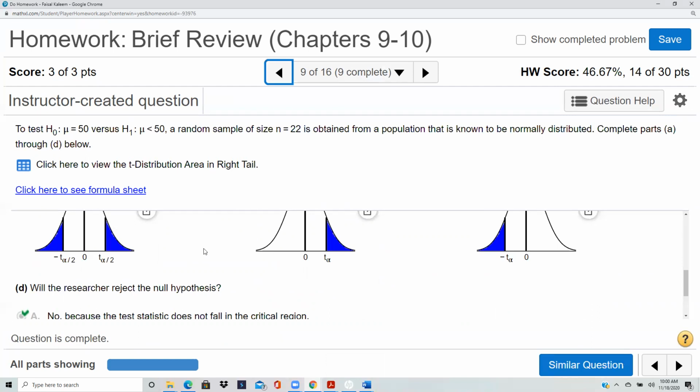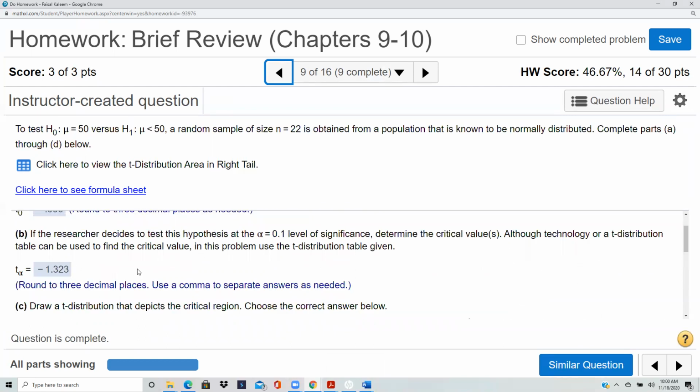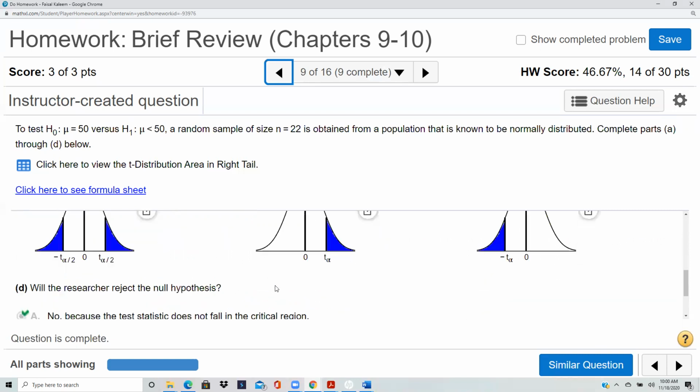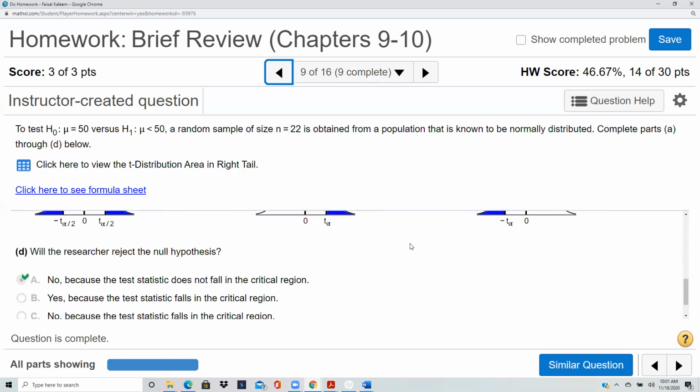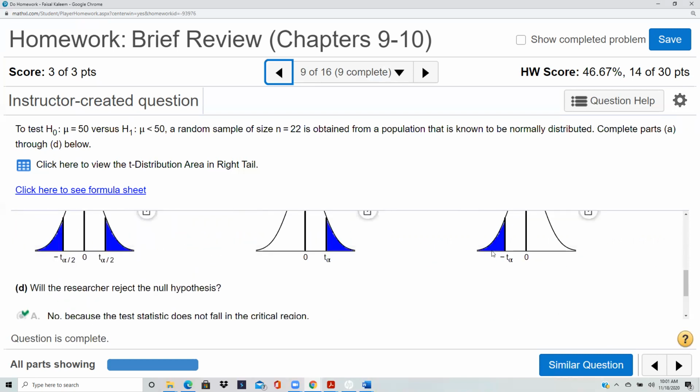What was the critical value in our problem? It was negative 1.3, right? So this value where the region starts is negative 1.3. Now you look at what the test statistic was. It was negative 0.99. So will the negative 0.99 be in this blue region or not?